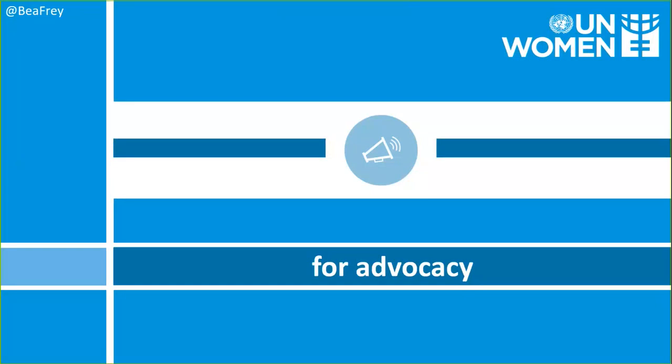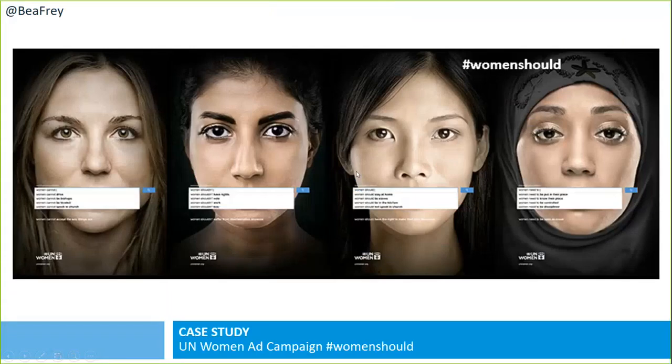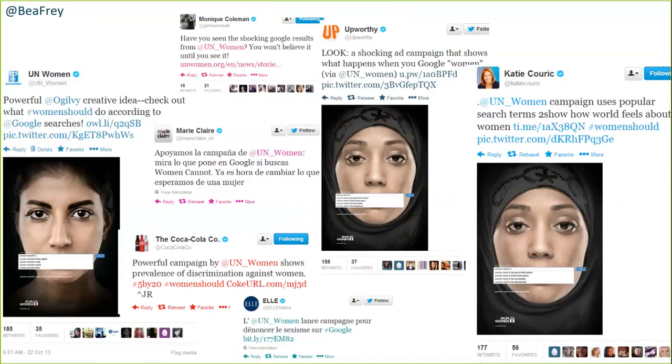Now, almost everything we do is related to advocacy, but one of our most successful advocacy campaigns was an ad campaign called Women Should, and it played on the autocomplete function of Google, where you would type in and it auto-completes.